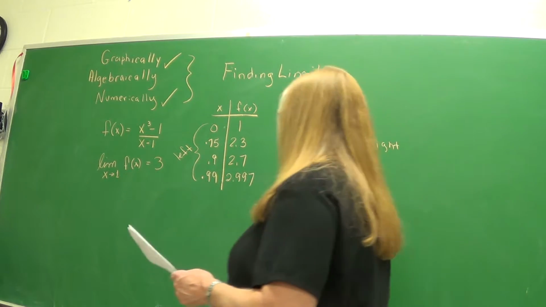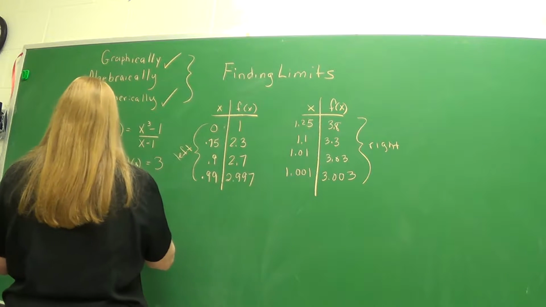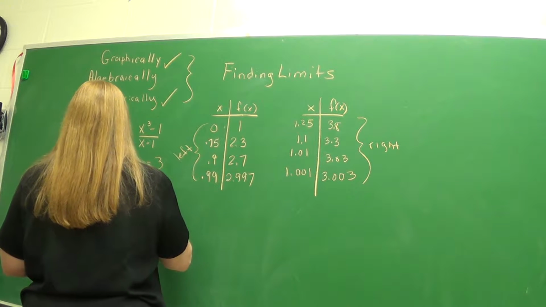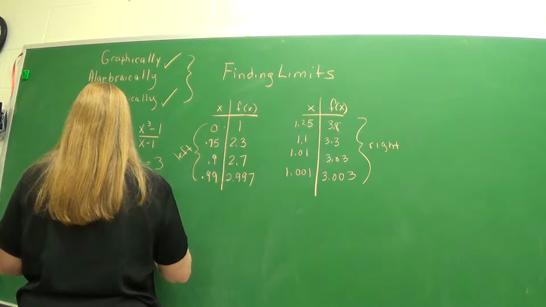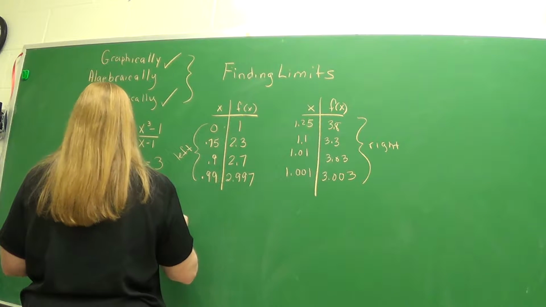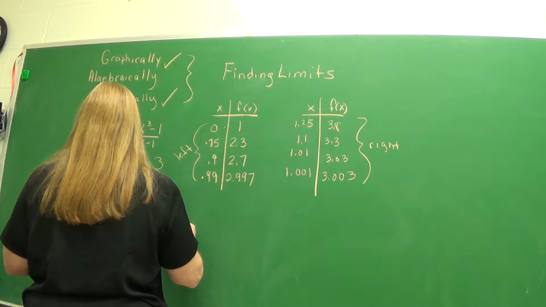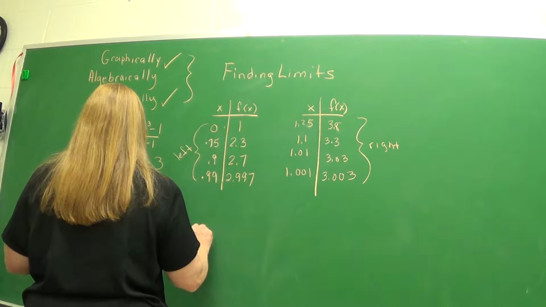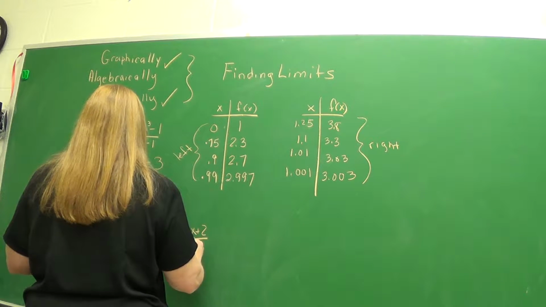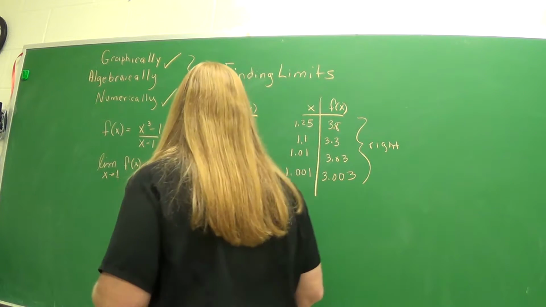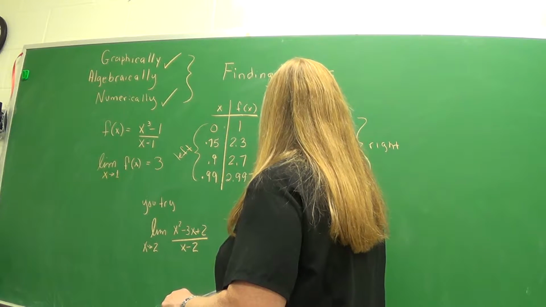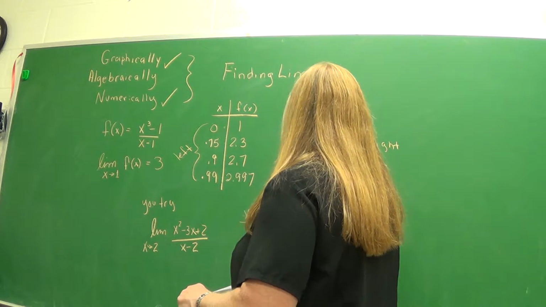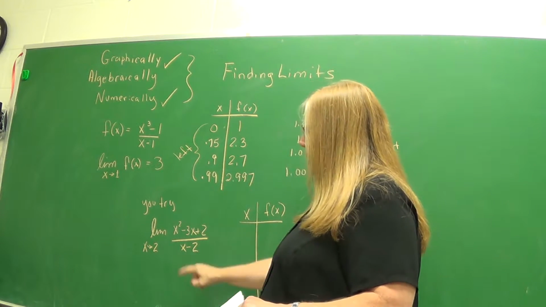Alright, so you try one. You try the limit as x approaches 2 of x squared minus 3x plus 2 over x minus 2. You're coming up with a sissy chart, so turn it off or pause and establish a numerical chart.